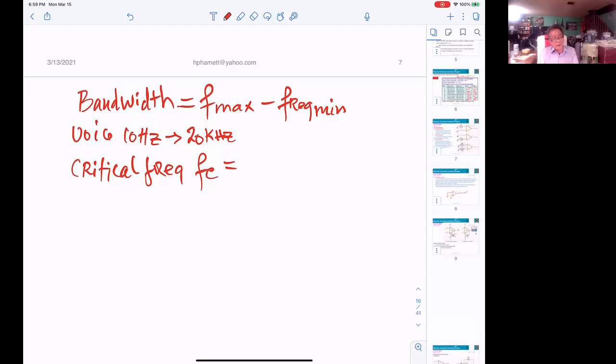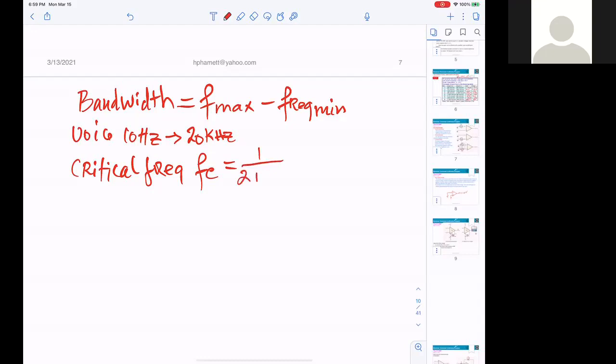But what is the formula to calculate the cutoff frequency, critical frequency, or stop frequency? Let's see, I try to memorize. Oh, 1 over what? Is it 1 over 2 pi RC?